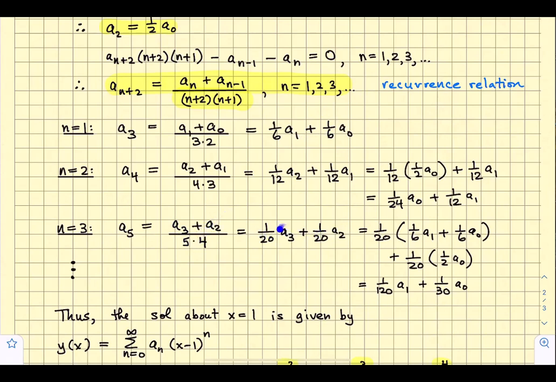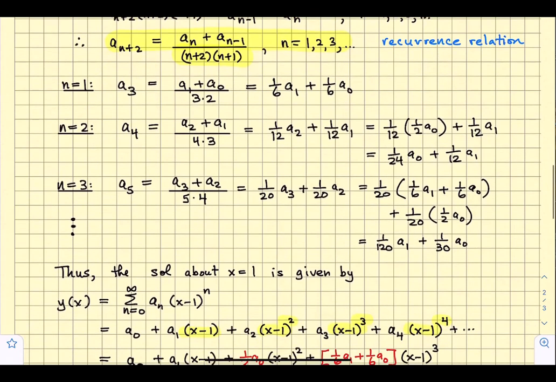Now we look back and say, well, I know what a3 is, so I'll substitute that in for a3. But I also know what a2 is, so I'll substitute that in for a2. I will simplify this. And when the algebra dust settles, we get 1/120 a1 plus 1/30 a0. And we could keep doing this all day and generate as many coefficients as you like.